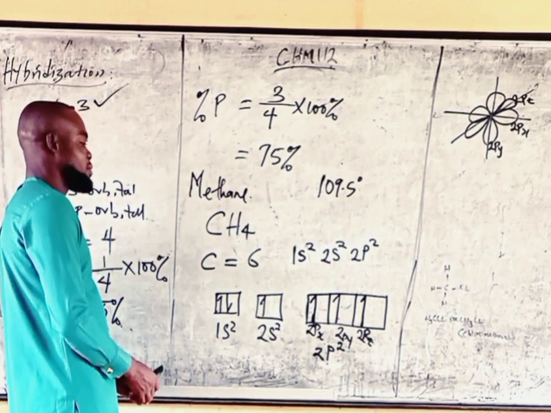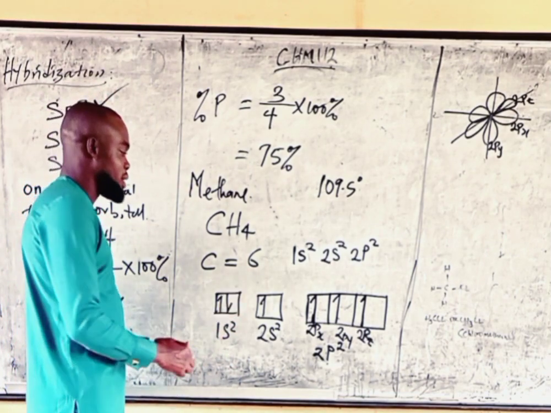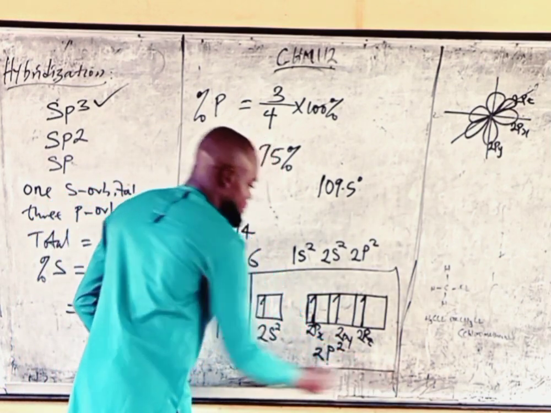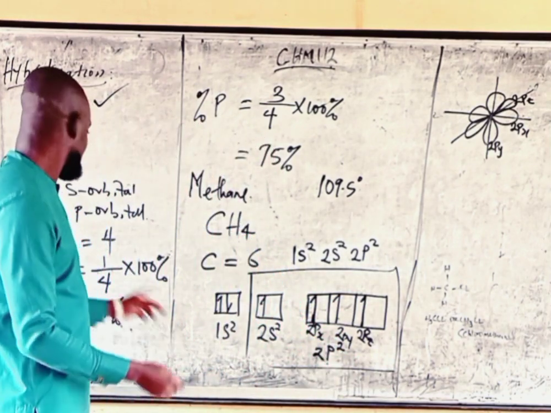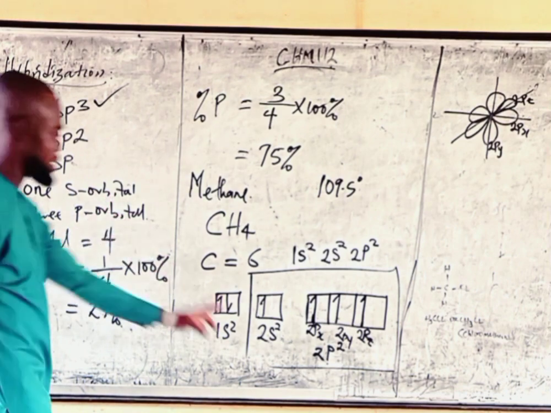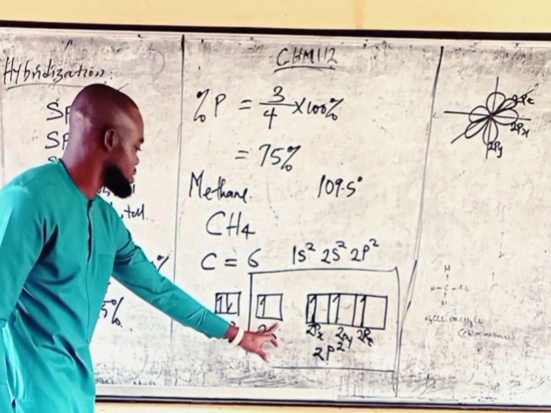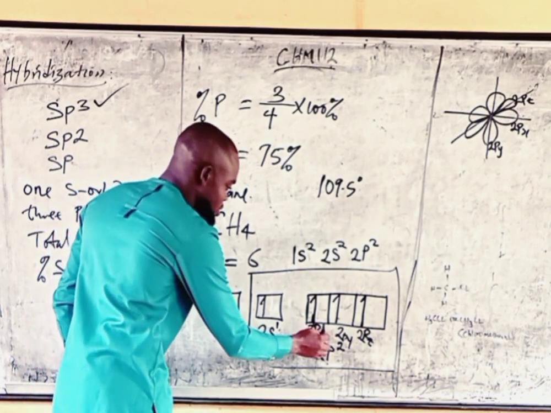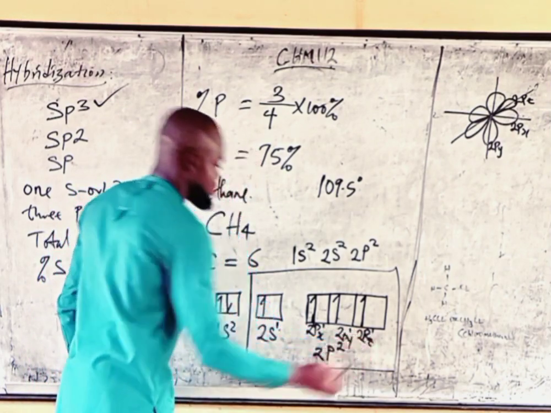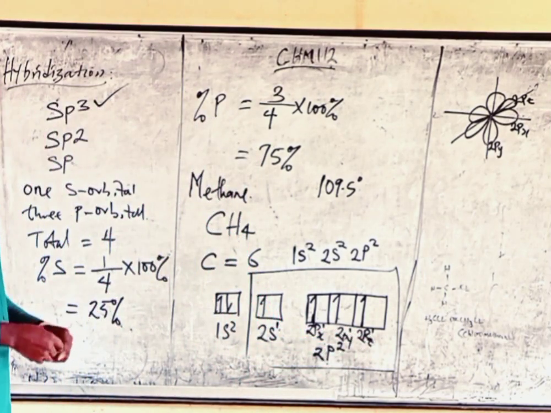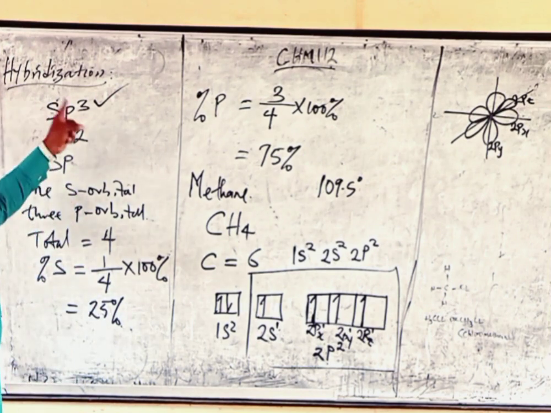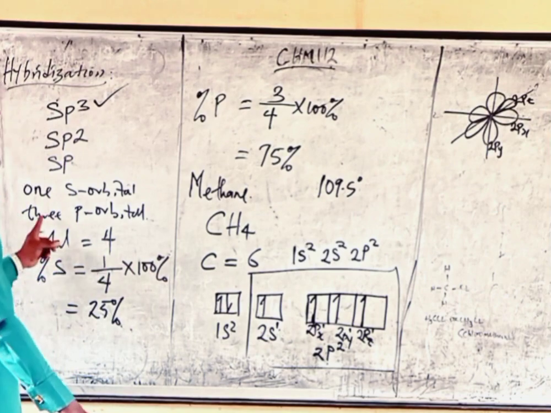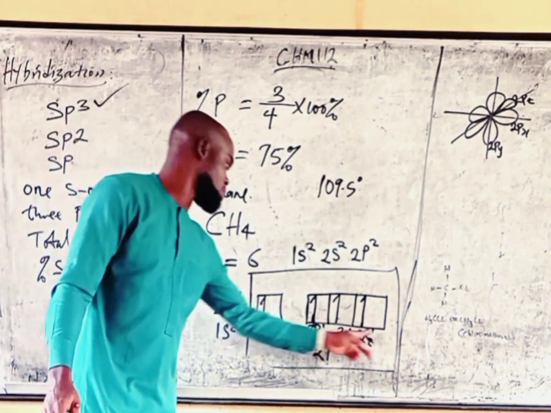What we need for this hybridization is just one s orbital, and I have one s orbital already. So this one is now 2s1, 2px1, 2py1, and 2pz1. We need just one s orbital, we have it. And now we need 3 p orbitals. We have 1, 2, 3.